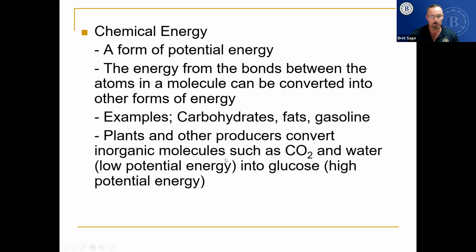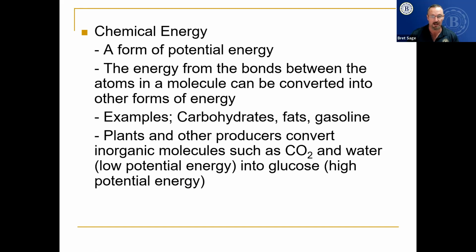So plants and other producers, such as photosynthetic prokaryotes, convert inorganic molecules such as carbon dioxide and water, which have low potential energy. Look right there, these molecules do not have lots of energy in them, into glucose, which has high potential energy. And that's why they do it. They have energy during the day; the sunlight is shining on them.